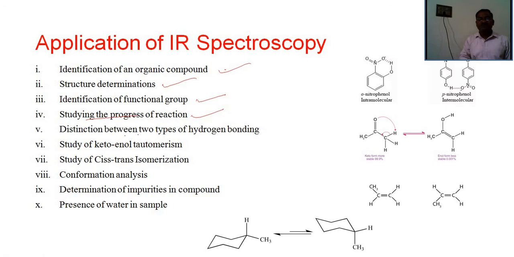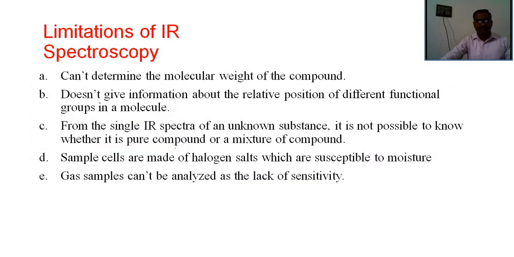Using IR spectroscopy we can distinguish between two types of hydrogen bonding, study keto-enol tautomerism, study cis-trans isomerism, study conformational analysis, determine impurities in a compound, and detect the presence of water molecules in samples. These are the major applications of IR spectroscopy.